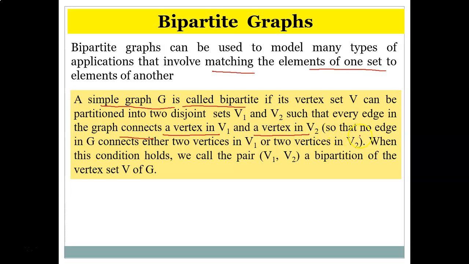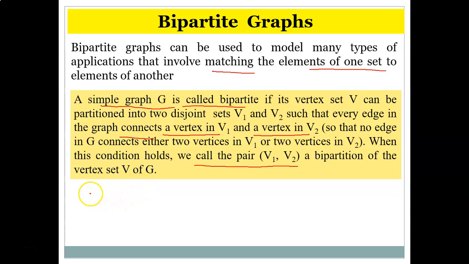And note that no edge of G connects either 2 vertices in V1 or 2 vertices in V2. When this condition holds, the pair V1, V2 is called a bipartition of the vertex set V of G.